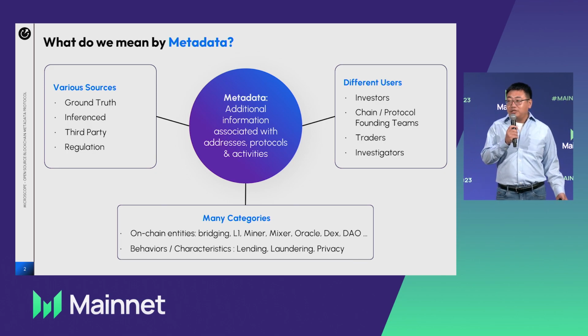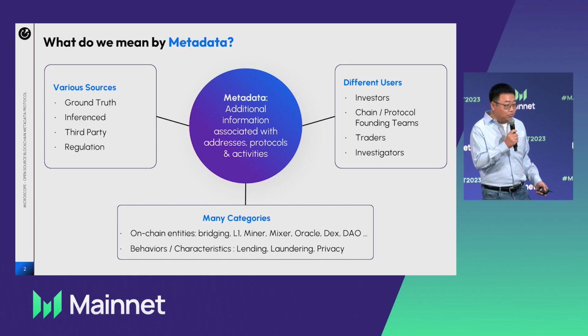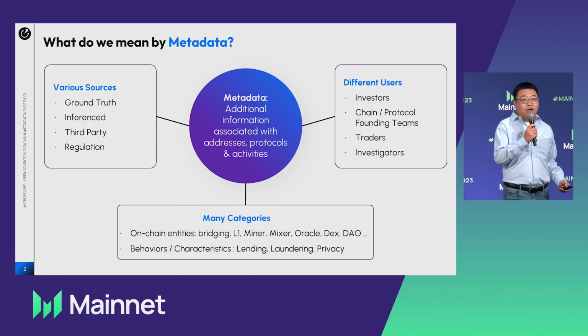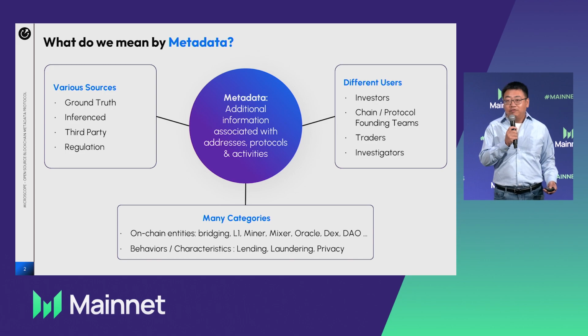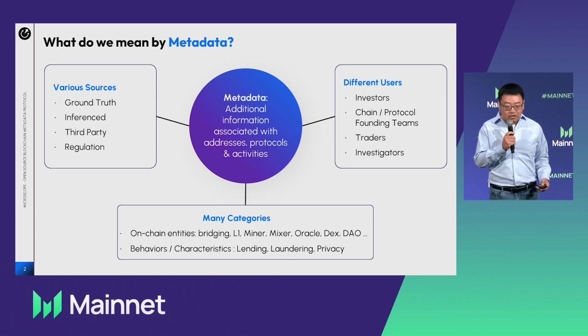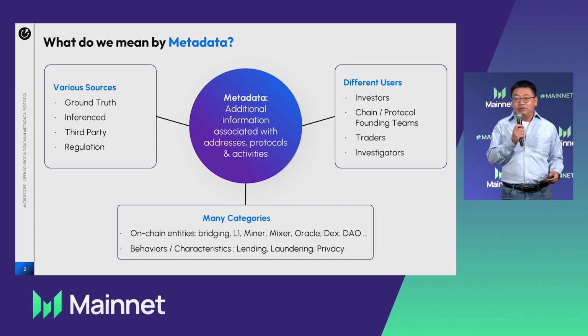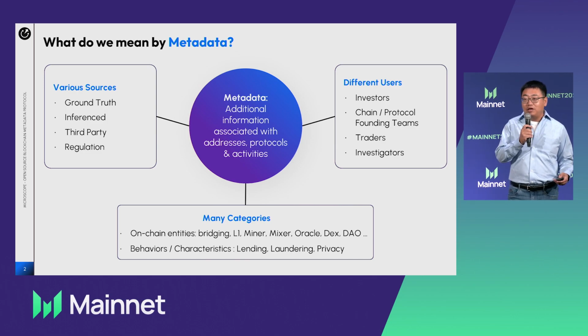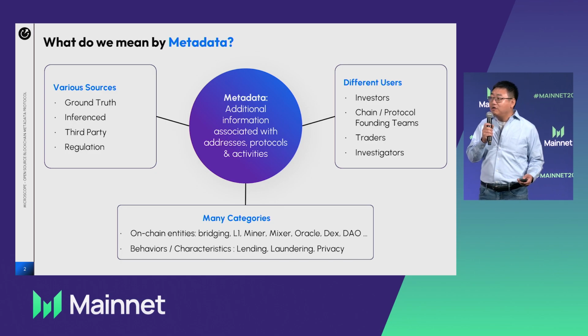Metadata can come from various sources. It could be ground truth. Ground truth means that you have verified evidence that this metadata is accurate for a given address. It could be inferred. For example, you have an algorithm that can group addresses together into one single entity.